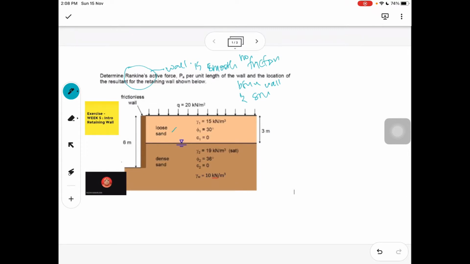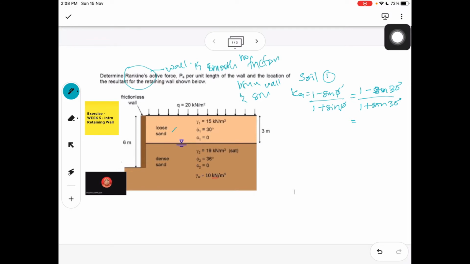So Ka is equal to 1 minus sine phi over 1 plus sine phi, which equals 1 minus sine 30 over 1 plus sine 30. So it's equal to 0.3333.